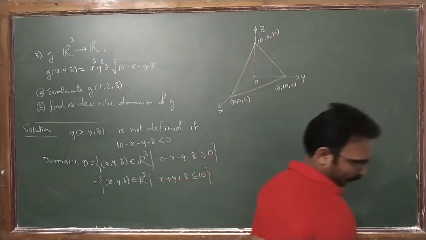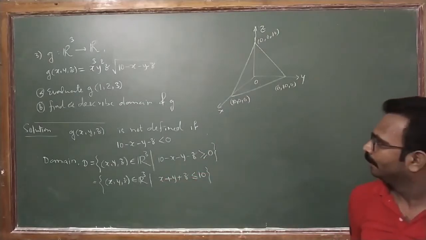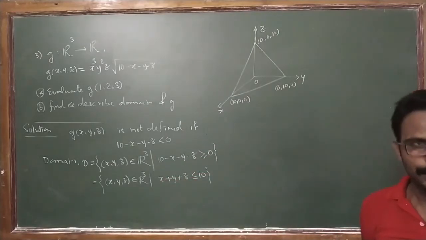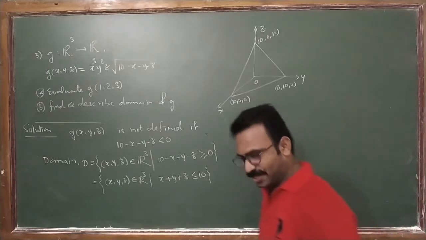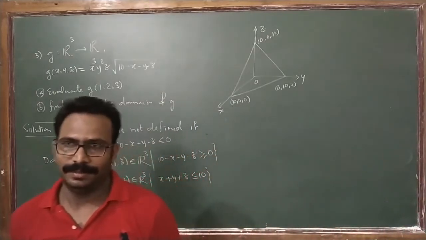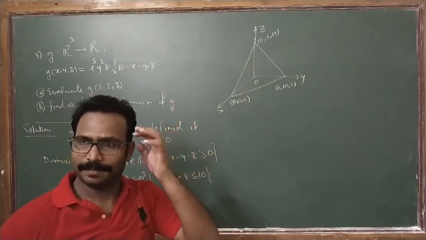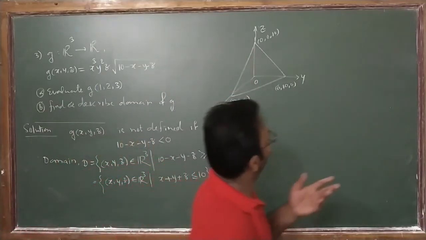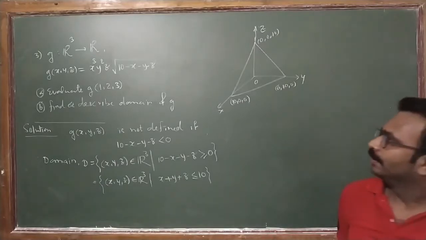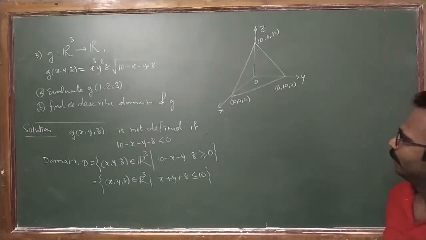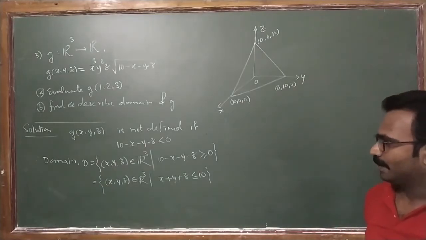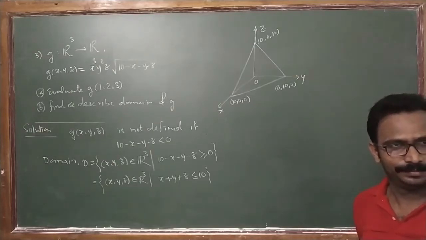So this is the plane. This plane makes two parts of R3, above this plane and the backside of this plane. So for which part? Decide by checking for which part x plus y plus z is less than or equal to 10.